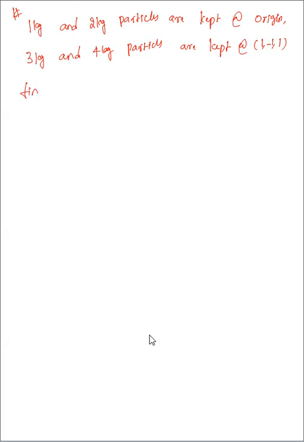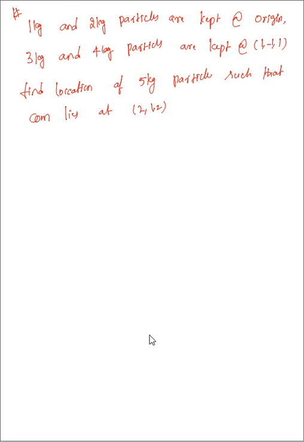Find location of 5 kg particle such that center of mass lies at 2, 1, 2. The given center of mass coordinates, we need to calculate 5 kg particle location.